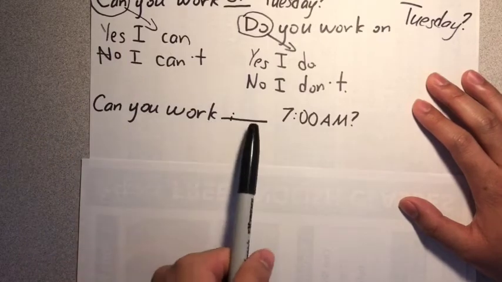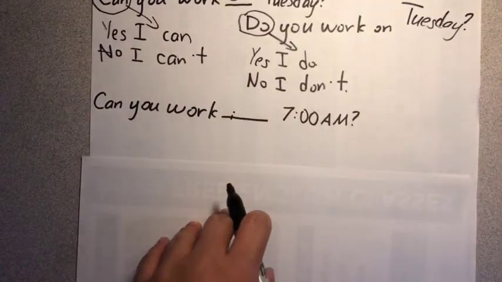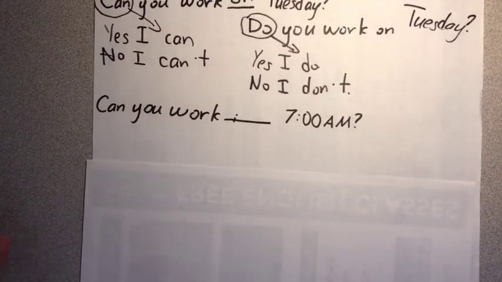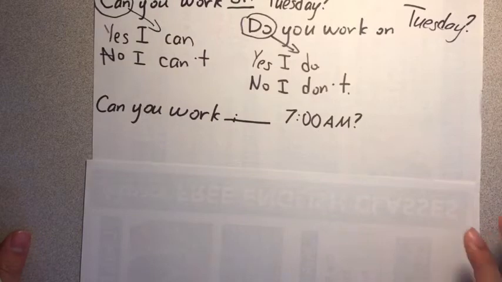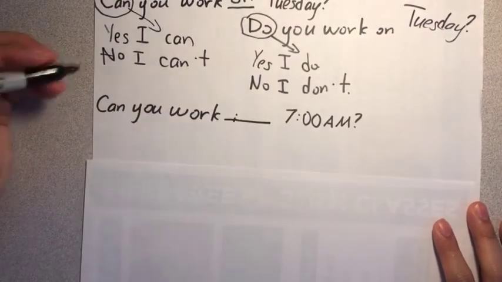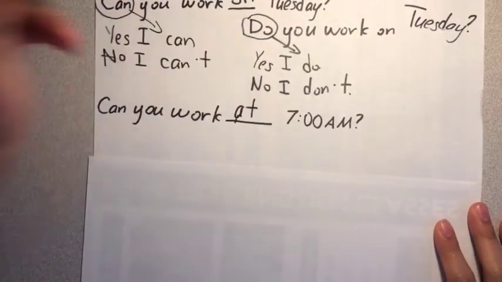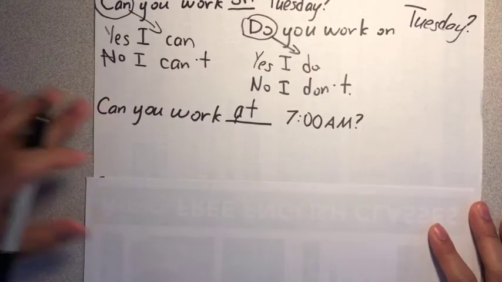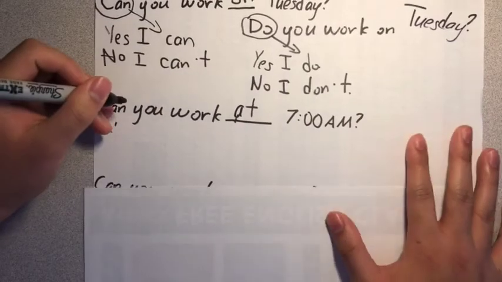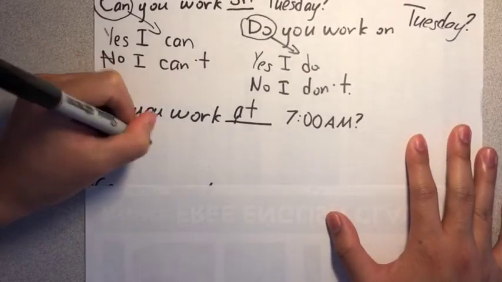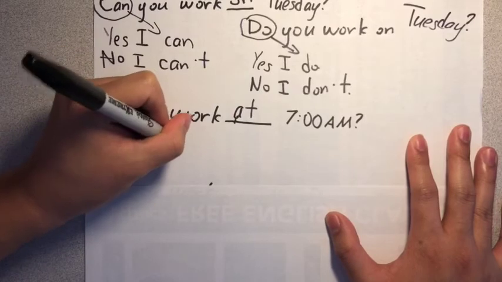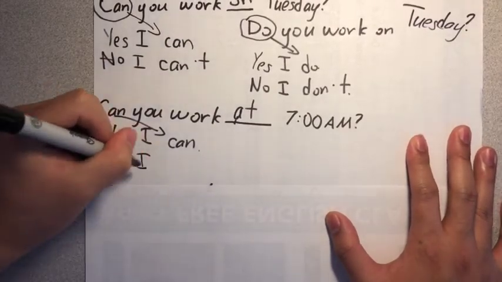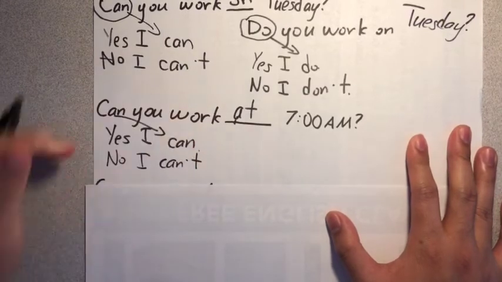Can you work blank 7 a.m.? Do we use at, in, or on for 7 a.m.? Because 7 a.m. is a time, we use at. Can you work at 7 a.m.? Yes, I can. No, I can't.